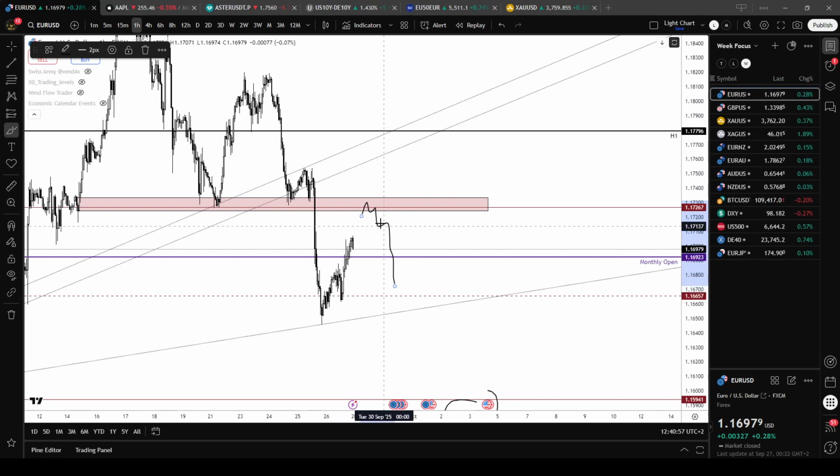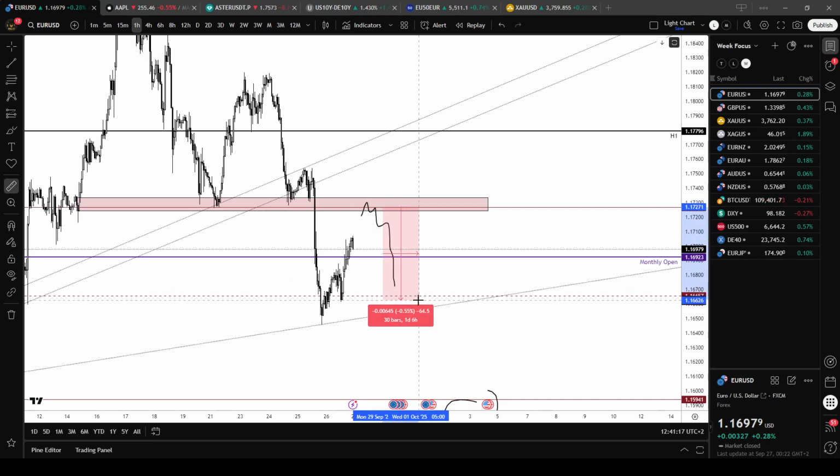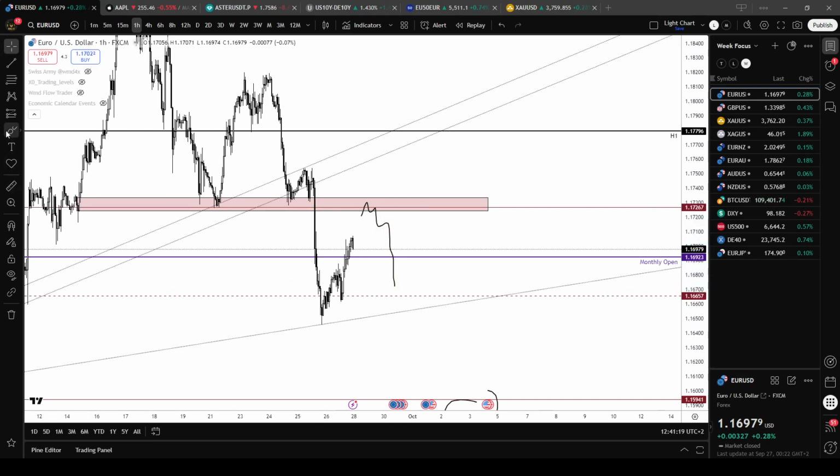Now, whether this is the top of the week, I don't know. Ideally, I would love to see the market trading to this area and reject from it. Maybe drop, I don't know how much this is, 60 pips. Yeah, it's a nice drop.